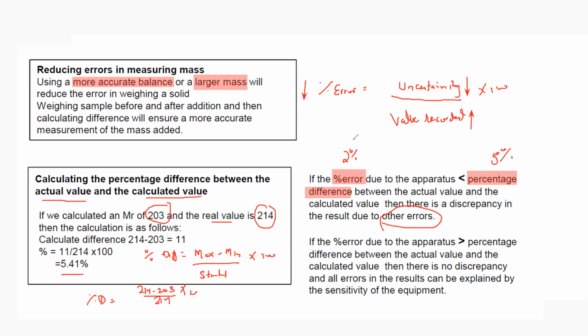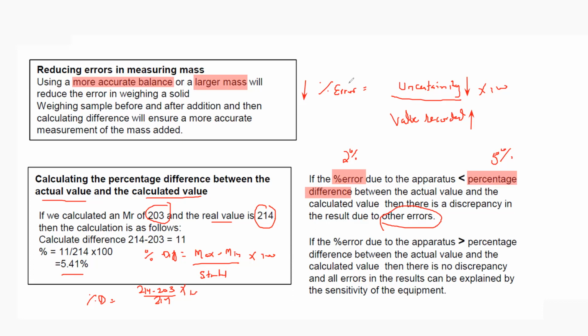There might be some other errors, maybe random errors due to sudden change in the conditions, or atmospheric conditions changing during the experiment, or it might be an error due to the person, like maybe you did not record the value correctly. So if the percentage error due to the apparatus is less than the percentage difference, we conclude that the error is due to other reasons but not due to the apparatus.